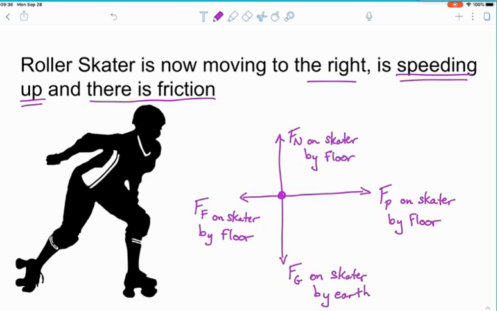And then I'm going to notate that my normal and gravitational force are identical by putting 2 little lines on each of those. So that shows that the normal force is equal to my gravitational force. I will not do that for frictional force and the push force because they're not the same. So I'm just going to leave them as is. One thing to pay attention to is that this arrow, your push, needs to be much bigger than the friction. Okay, we'll move on to the next one.